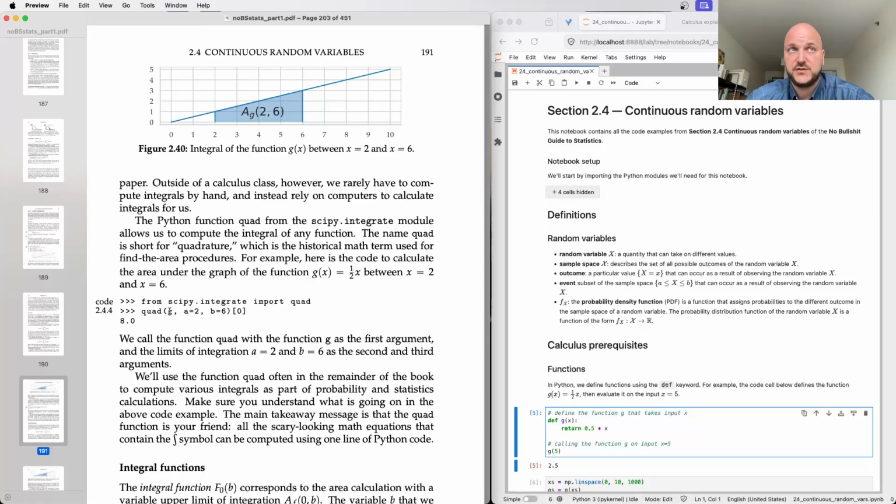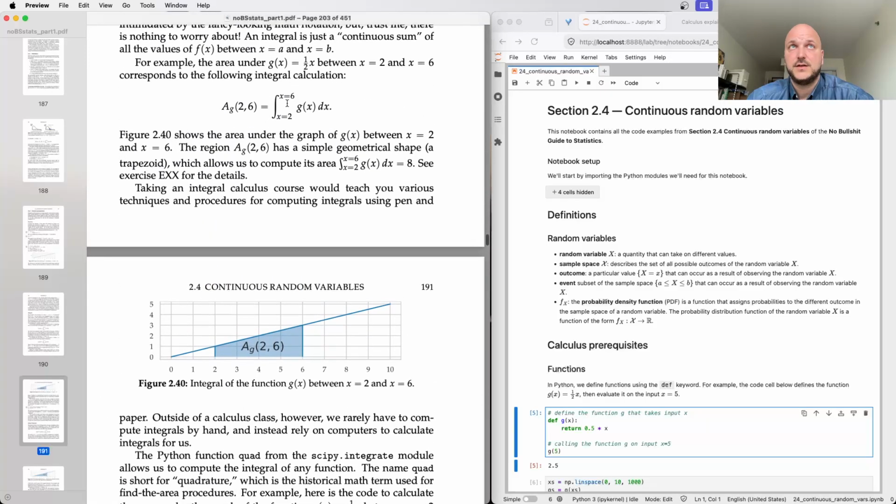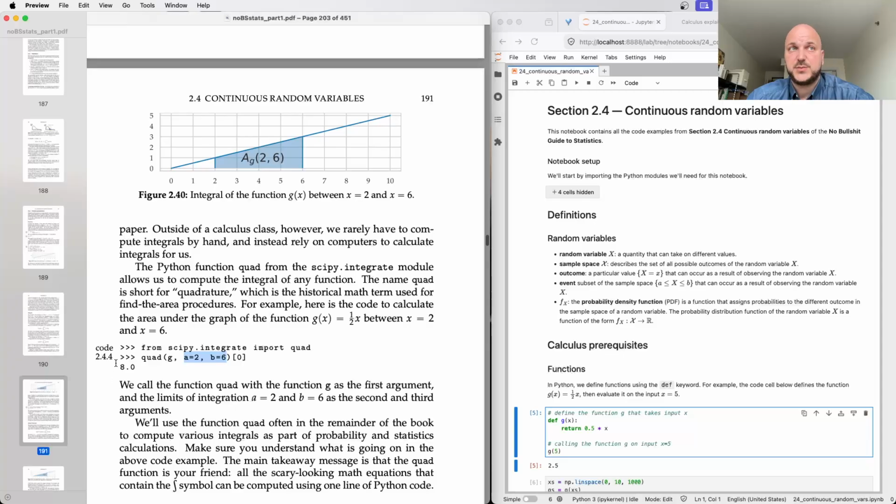So you give it the function and the limits, where you start integrating and where you end integrating, and it spits out the area, just like that. For any region of interest, you say the starting and the ending point, and it computes integrals for you. So it's good if you know calculus, but if you understand how to use this function, then you don't have to worry about computing integrals by hand.